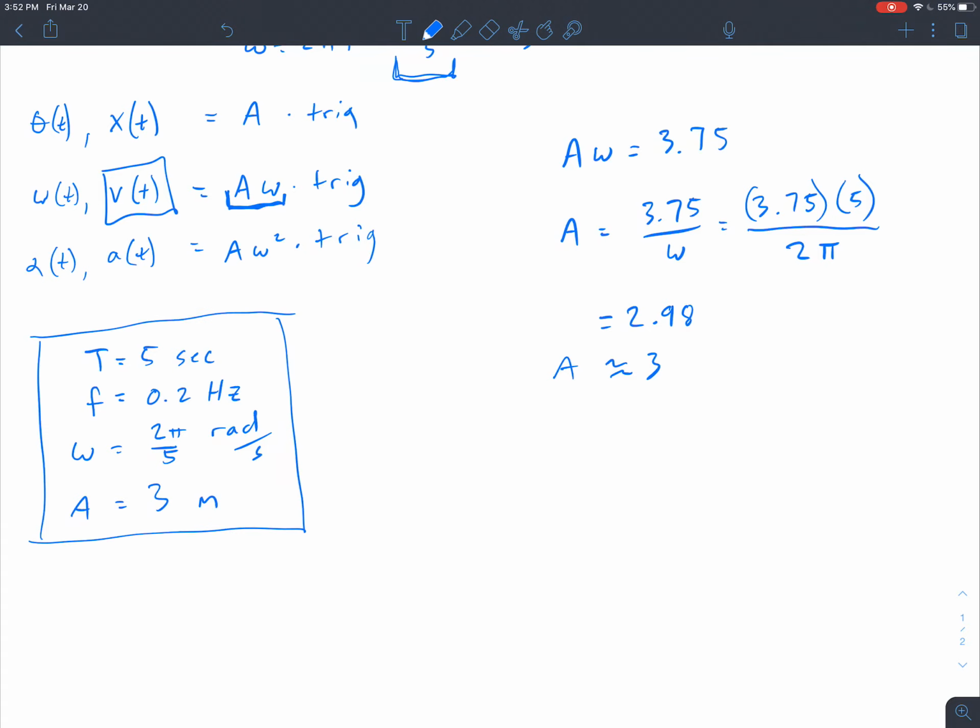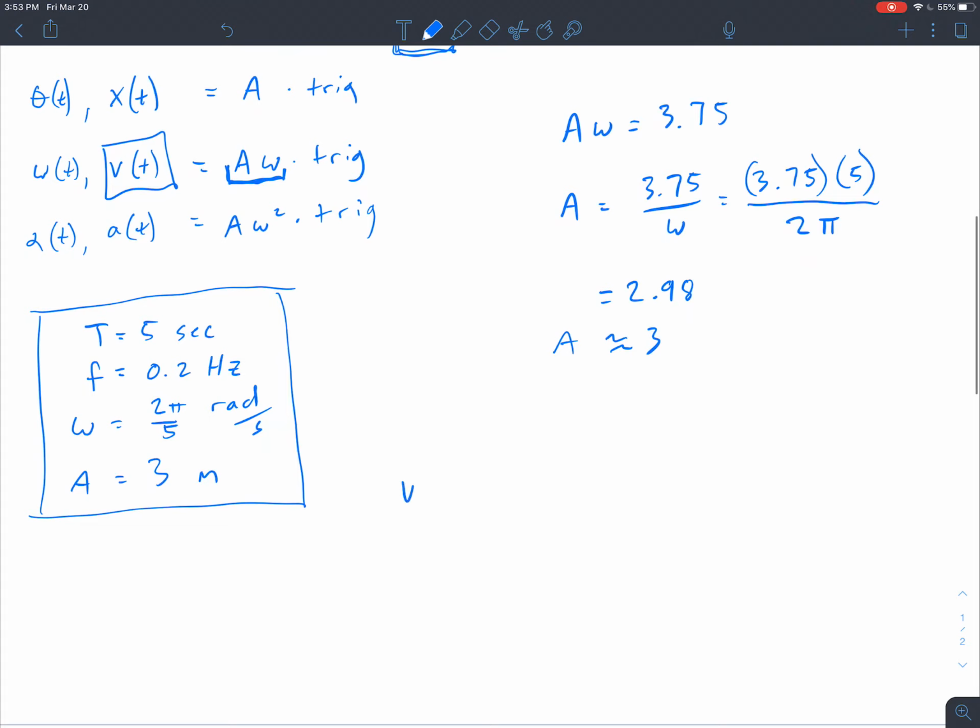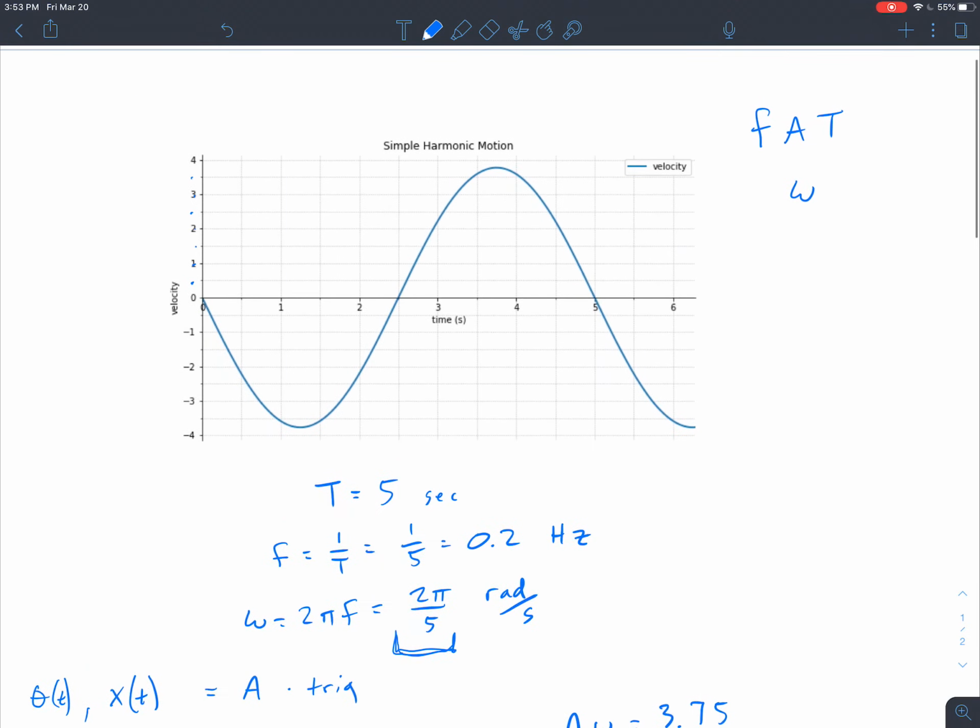So that means our velocity function looks like A omega, so 3 times 2 pi over 5, which is just 6 pi over 5. Now let's look at this graph. It starts at the origin, that means it's a sine, and it goes downwards.